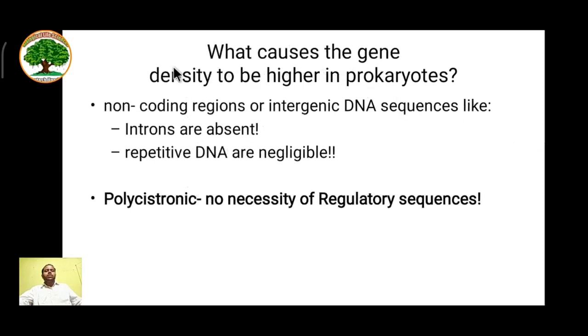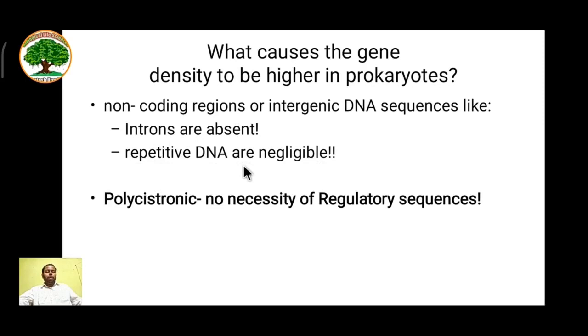So what causes this gene density to be higher in prokaryotes? The non-coding regions or intergenic sequences like introns in prokaryotes are absent. So all the genes are linked together continuously, there are no introns present within the genes. Repetitive DNA is negligible in prokaryotes.